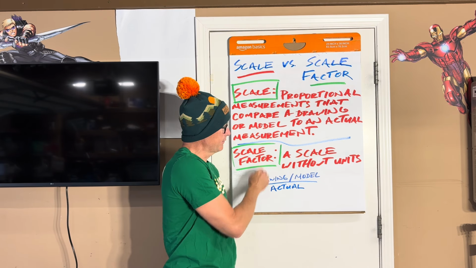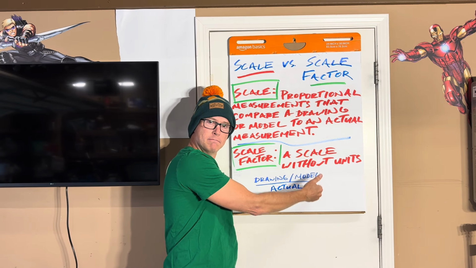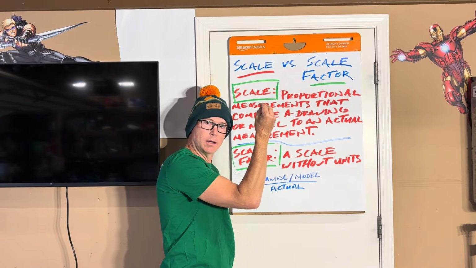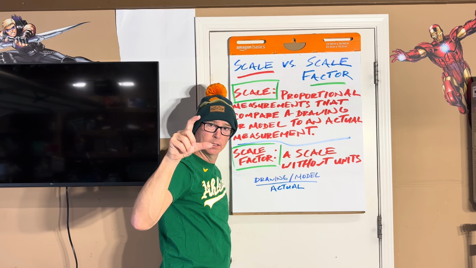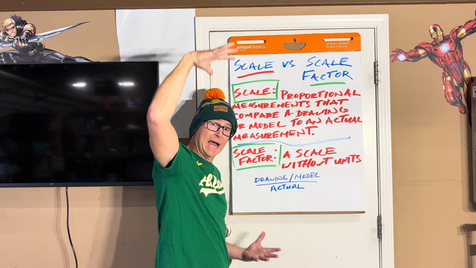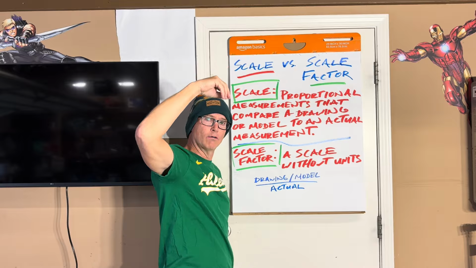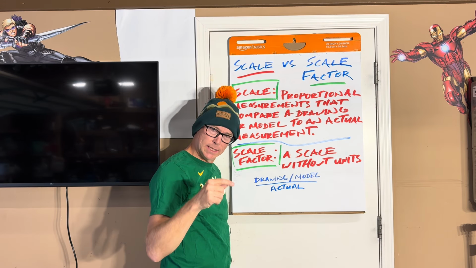Okay, so here's a big difference between these. These would be different measurements. So if you were going to build a big tower, you can have your model in inches or feet, and then your tower would be in yards, okay? So you could have inches over feet, and that would be your scale. You would have different units, okay?